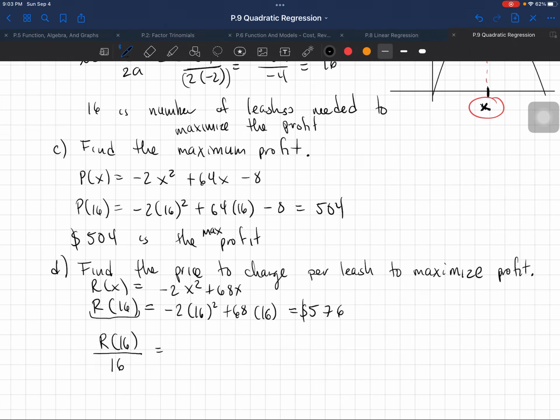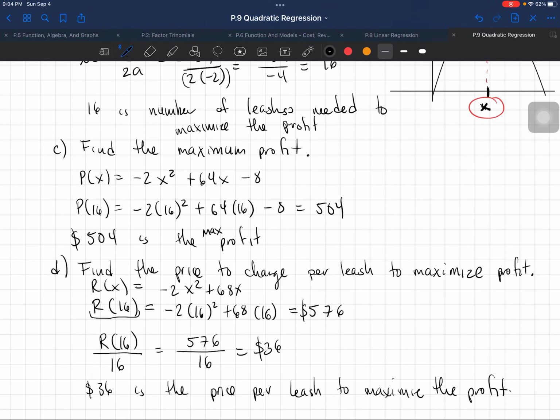So that'll be 576 divided by 16, which gives us $36. So $36 is the price per leash to maximize the profit.